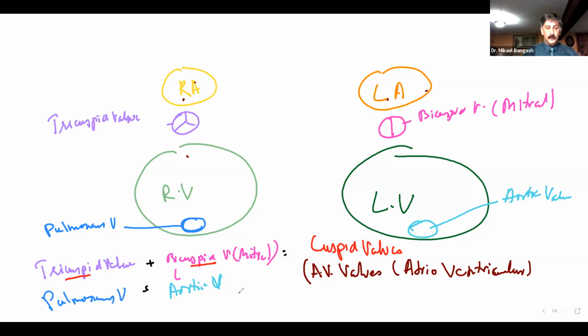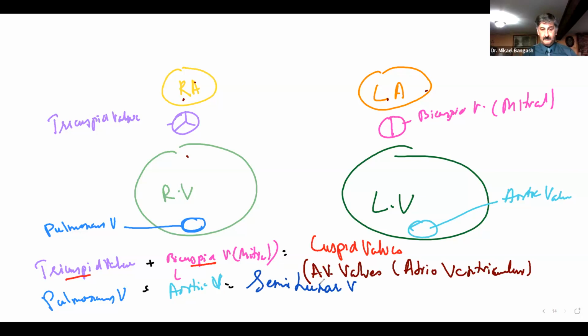Now these two valves together will be referred to as the semi-lunar valves. Semi just means half. Lunar pertains to the moon.